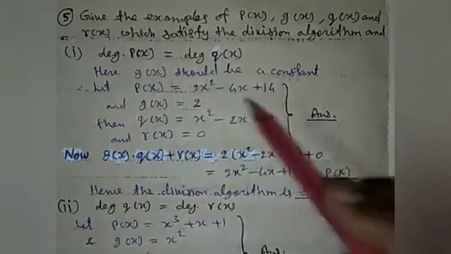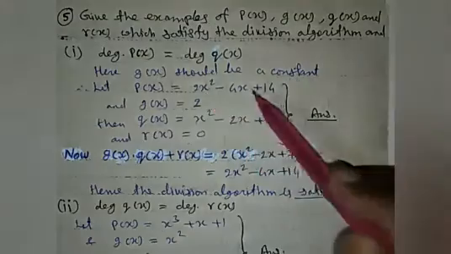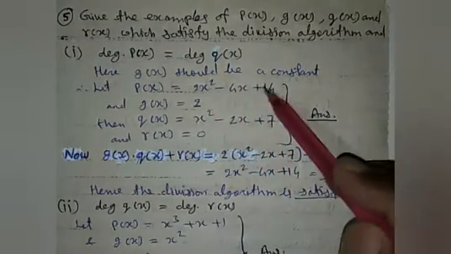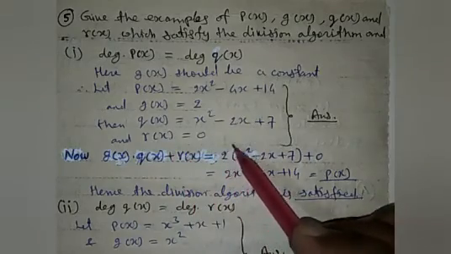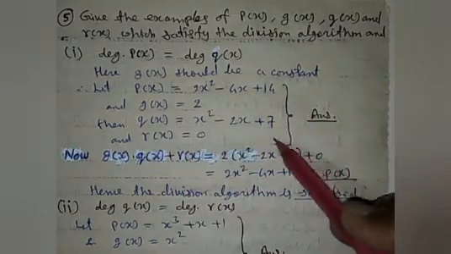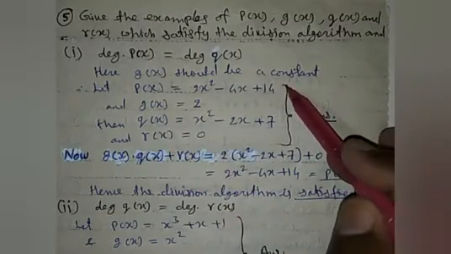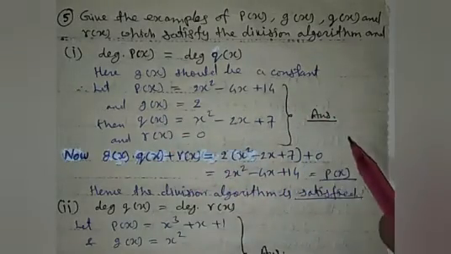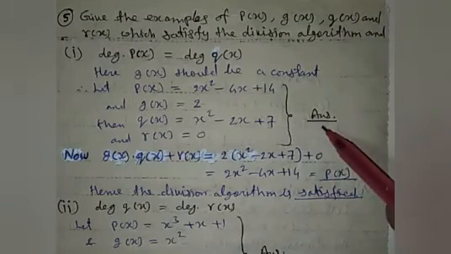Dividing 2x square by 2 you will get x square, here you will get minus 2x and here you will get plus 7, and the remainder will be 0. So these are the examples of px, gx, qx and rx. It is not the only answer; you will get other answers also.